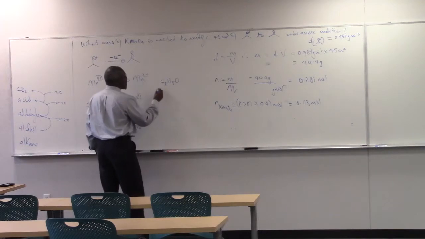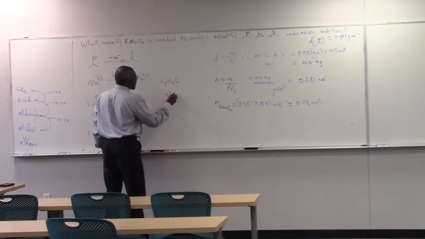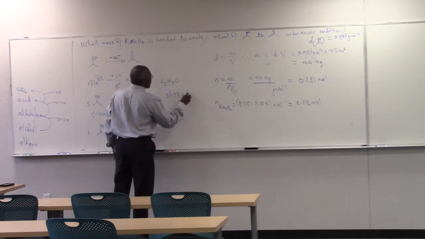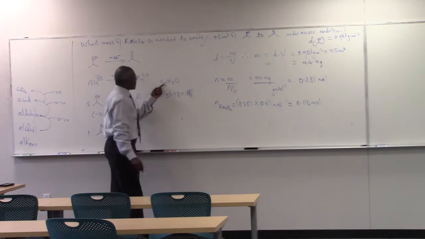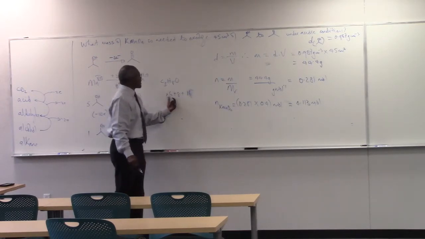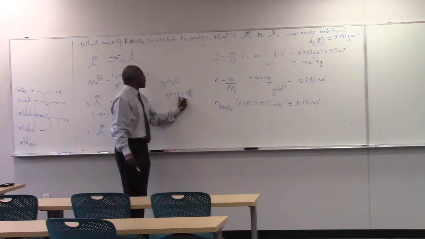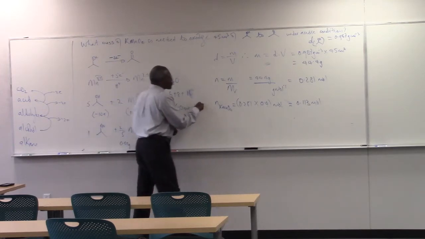So the alcohol's molar mass, that's C3H8O again, which is 36 plus 8 plus 16, right? So that's 36, 44, 60, so that's 60 grams per mole. That's what should be here.